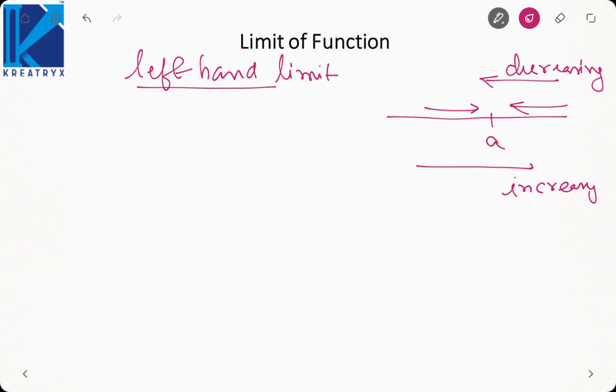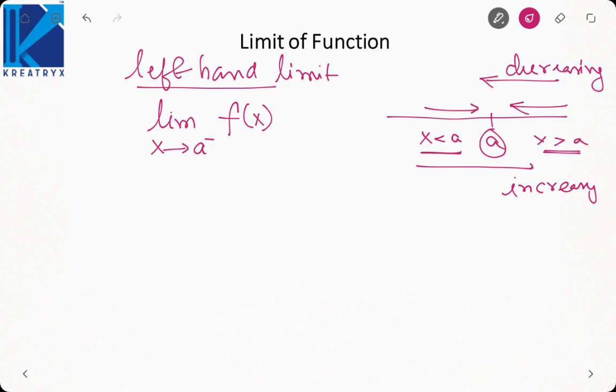That means on left of a, you will have a value, let us say x is less than a. On right of a, you will have a value greater than a. So that is why when we are talking about left hand limit, I will say limit x tending to a minus f(x). A minus means the value which is less than a or it is slightly less than a. So I will say that a minus is equal to a minus h, where h tends to 0.